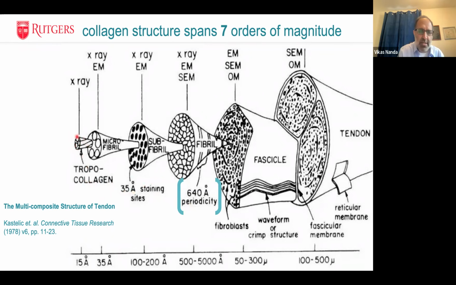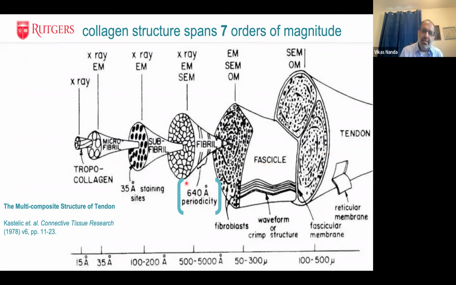And so you get this triple helix trimer that then assembles with 4 more to make what's called a microfibril. These are then units within a larger structure called the subfibril. We've now gone from things that are on the angstrom scale, to a few nanometers, and then they make larger fibers. These become parts of organized structures and tissues, and then we have tissues in our body like tendons and so forth that we're familiar with.